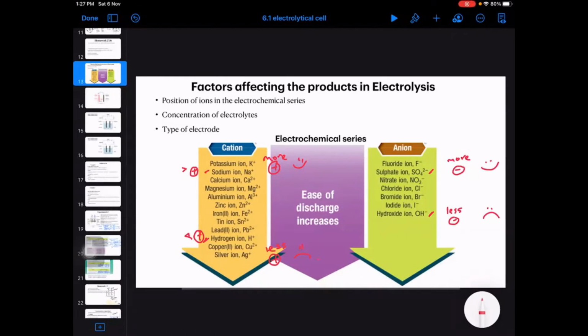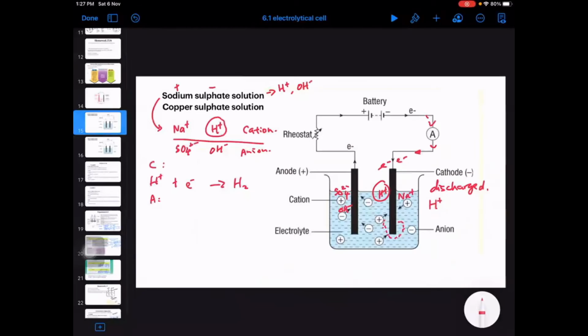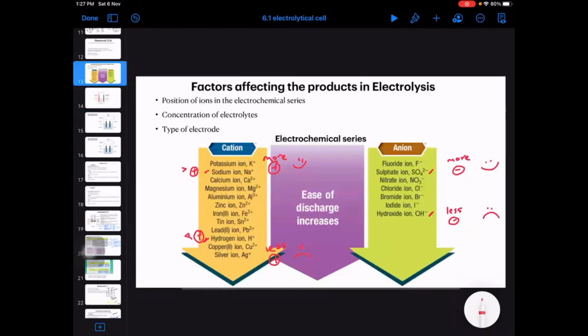So hydroxide ion will lose the charge more easily, to discharge compared to sulfate ion. So we select hydroxide ion to discharge, because hydroxide ion is less electronegative.